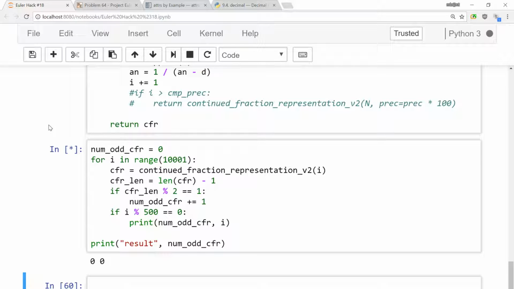So let's see if we want to get... I think we should get the first number.